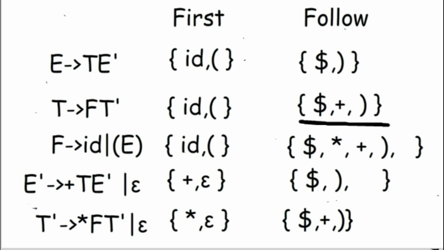So how many non-terminal symbols are there? We have E, 1, T, 2, F, 3, E dash is 4 and T dash is 5. So there are 5 non-terminal symbols, so we will have 5 different rows: 1, 2, 3, and here is 4 and 5.